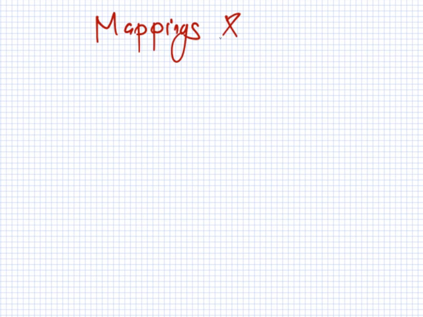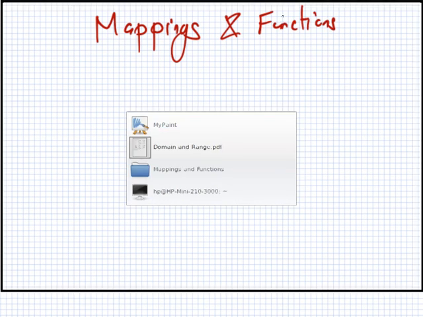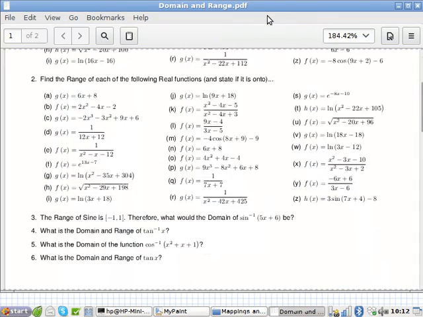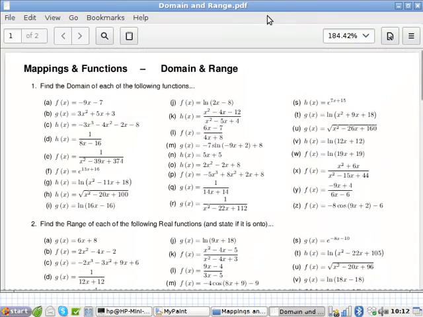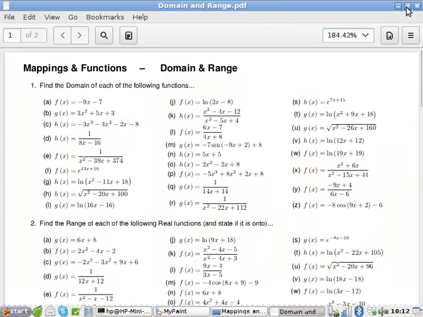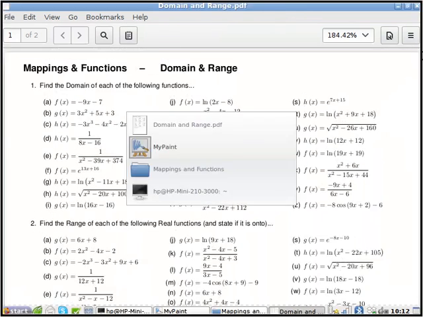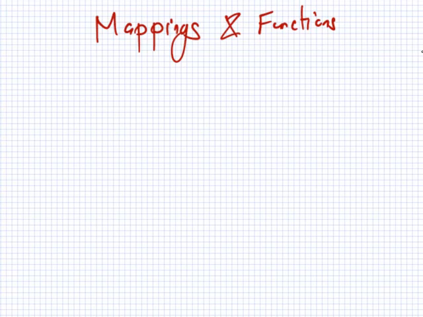Mappings and functions. Yeah, so actually the first lesson isn't too technical. We'll just give some basic terminology. It gets a bit more technical in the next lesson, but we'll keep it simple for the moment.